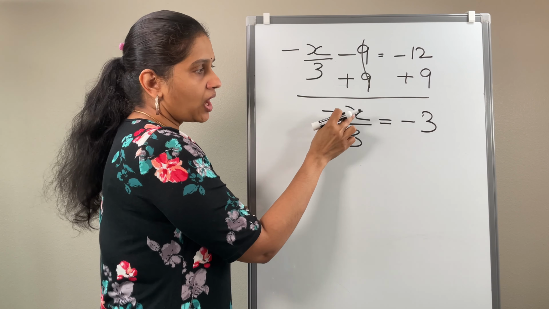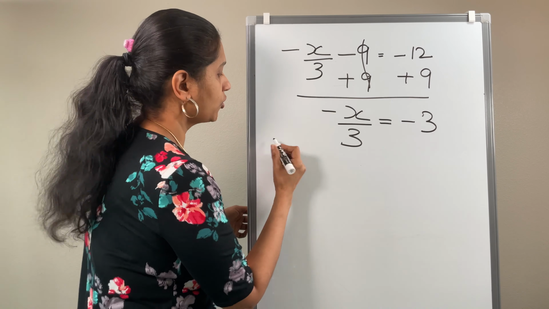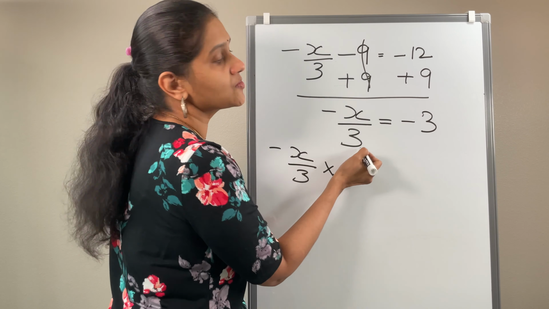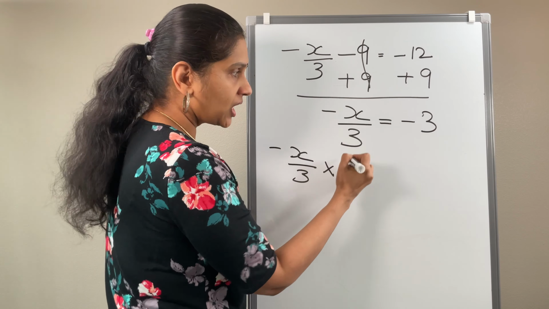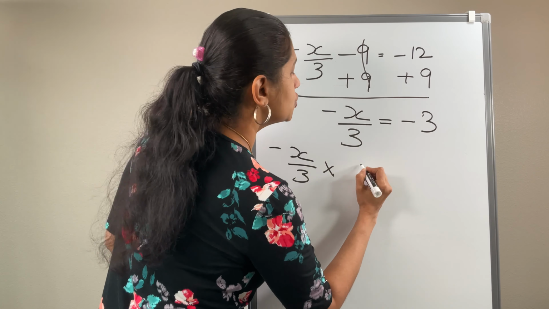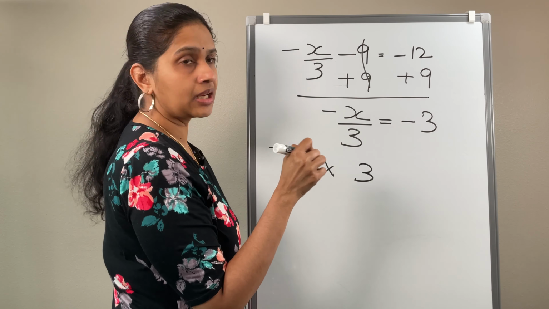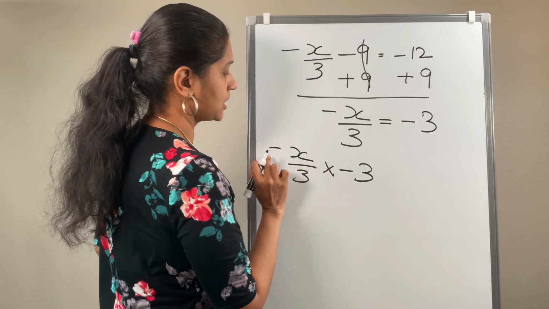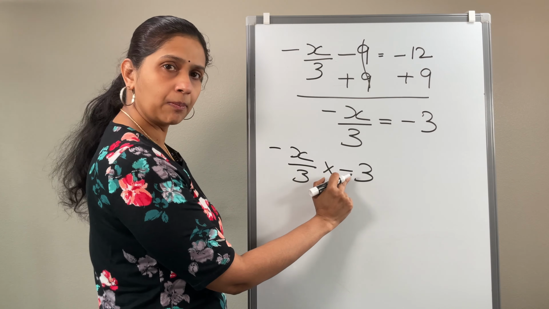Now, in order to isolate this variable x, what do we need to do? We have to avoid this negative sign as well as 3. So, in order to cut this 3, we should multiply times 3. Now how to avoid this negative? You have to put a negative sign so that negative times negative will become positive.